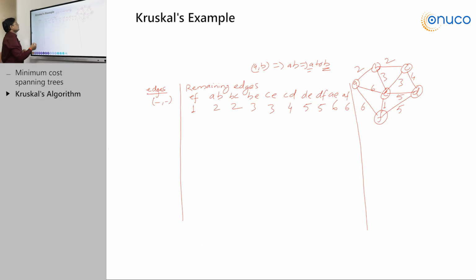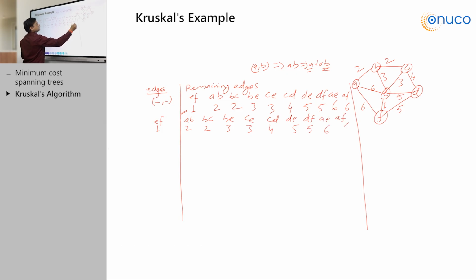Now, out of these edges, the one having minimum weight is the first one, E to F. So we are selecting E to F, which is already selected. The remaining edges we write as it is: AB 2, BC 2, BE 3, CE 3, CD 4, DE 5, DF 5, AE 6, AF 6.